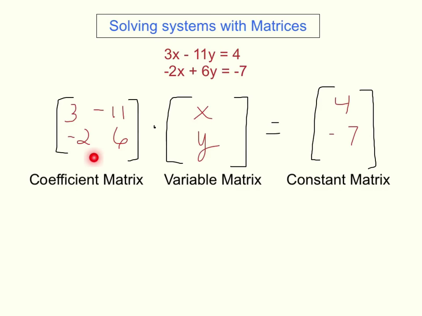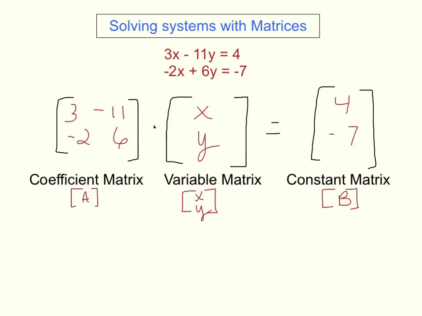Now we'll enter this into our calculator as matrix A, and then we'll enter this constant matrix into our calculator as matrix B. And again, I'll show you that when we practice this in class. And this is our variable matrix.